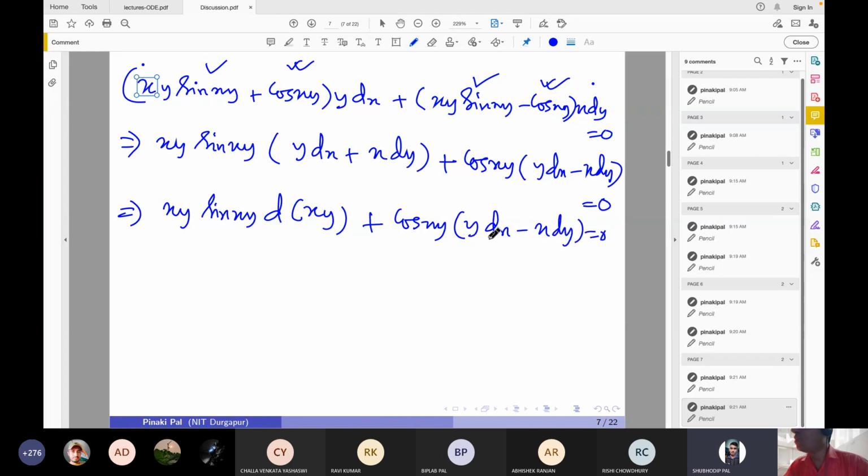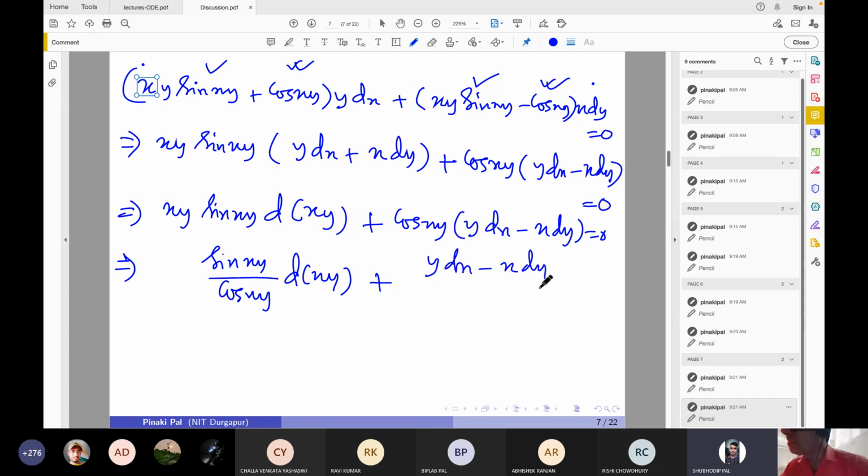So this part we have to arrange a little bit. We can arrange the equation in this way: cos xy d(xy), this is integrable, and divide the entire equation by xy cos xy. Then (y dx − x dy) divided by xy equals 0.